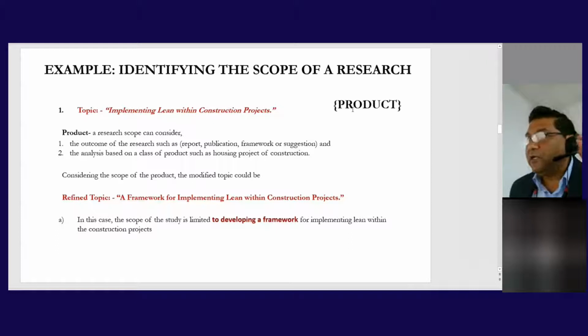We need to think about the project. So the product could be a framework, a product could be the final outcome of the research, because what you are doing, you're doing literature review, you come up with the findings of the literature review. After that, you will take those findings and do the data analysis, come up with a finding, and at the end you will combine those findings and generalize those. And that is what the research is.